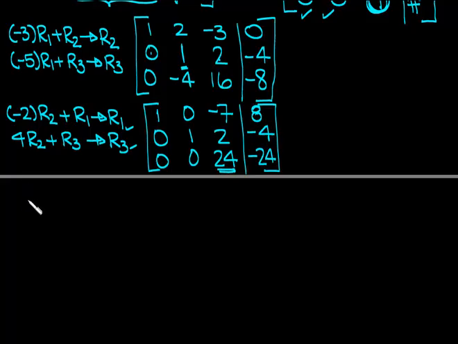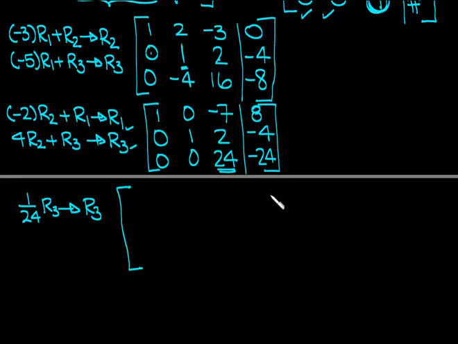So I'm going to divide row 3 by 24, or you can think of it as division, but the right terminology is scalar multiplication. You can think of multiplying by 1 over 24. Row 3 will give us a new row 3. Multiplying by 1 over 24 is the same thing as dividing row 3 by 24.